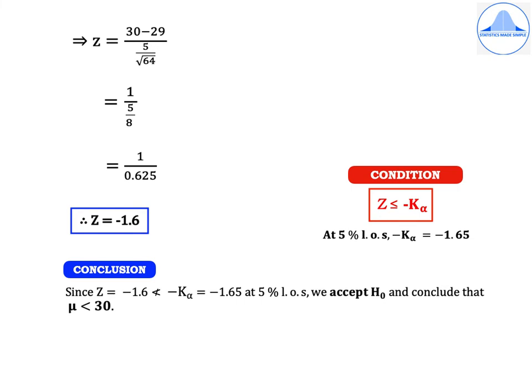So at 5% level of significance, minus k alpha value is minus 1.65. Then the conclusion, since Z is equal to minus 1.6, is not less than minus k alpha, which is equal to minus 1.65. At 5% level of significance, we accept H naught and conclude that mu is less than 30.